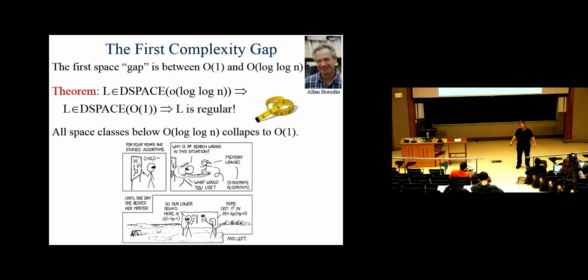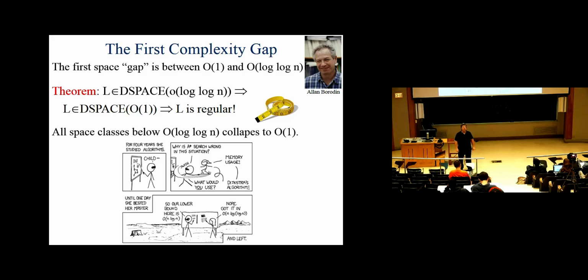Because regular languages are exactly the languages that you don't need any space whatsoever to compute. You just use your finite control. No tape at all. No extra space. So there's a gap between constant space and log-log space. There's nothing in between. There are no functions that require more than constant space, but strictly less than log-log space.